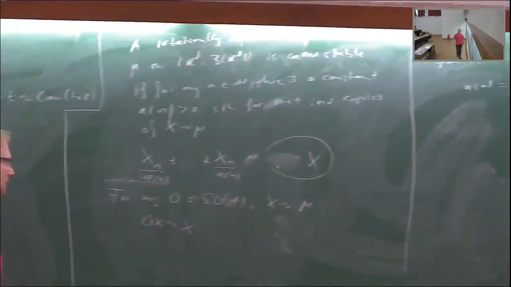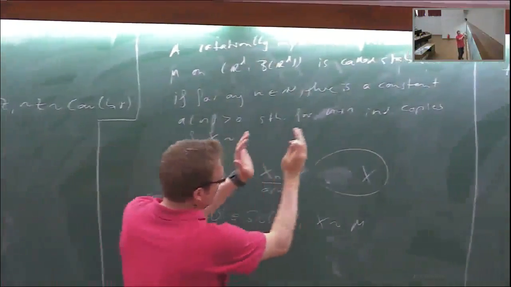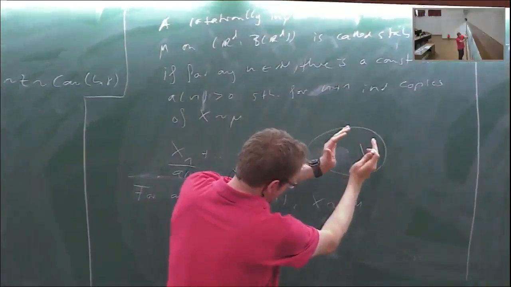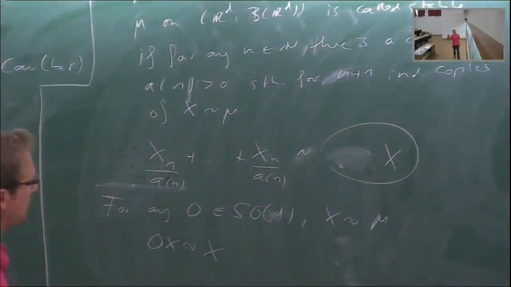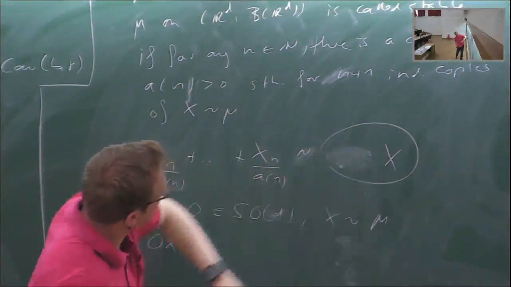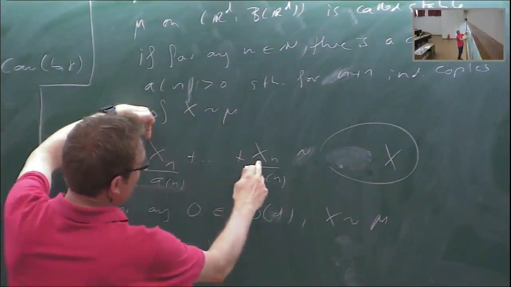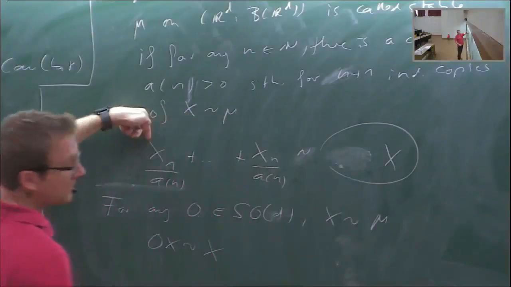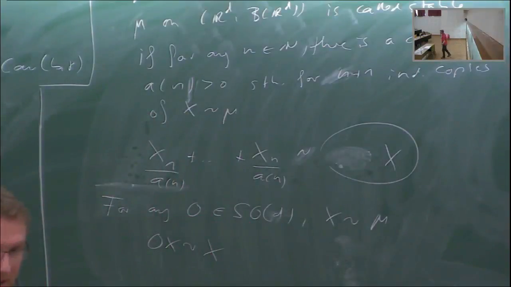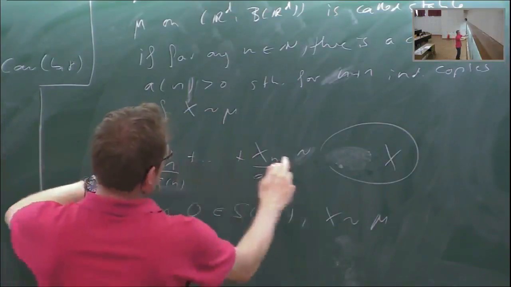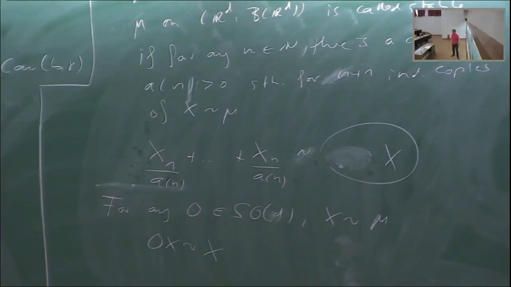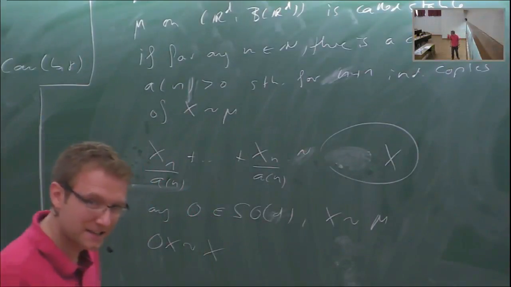What we have there is that a distribution according to which x is distributed is called stable if we can find independent copies of x. Now, of course, we have n, and then we have x, so it's n plus 1.